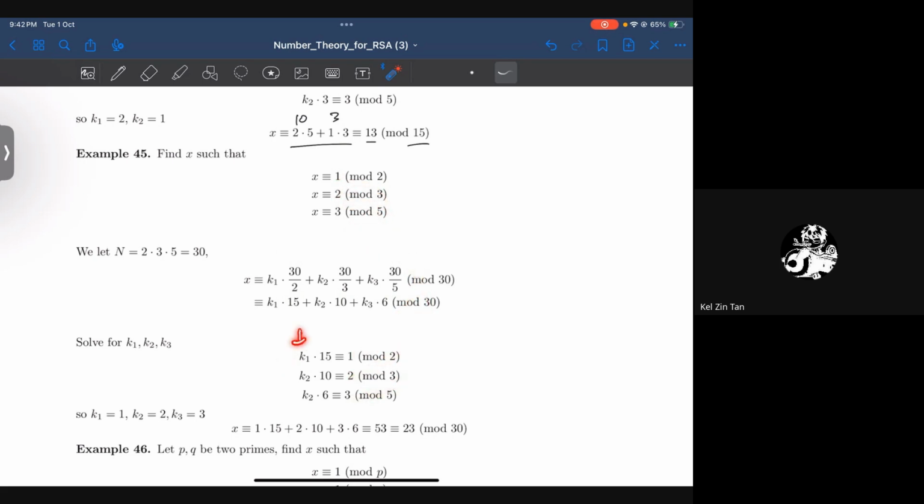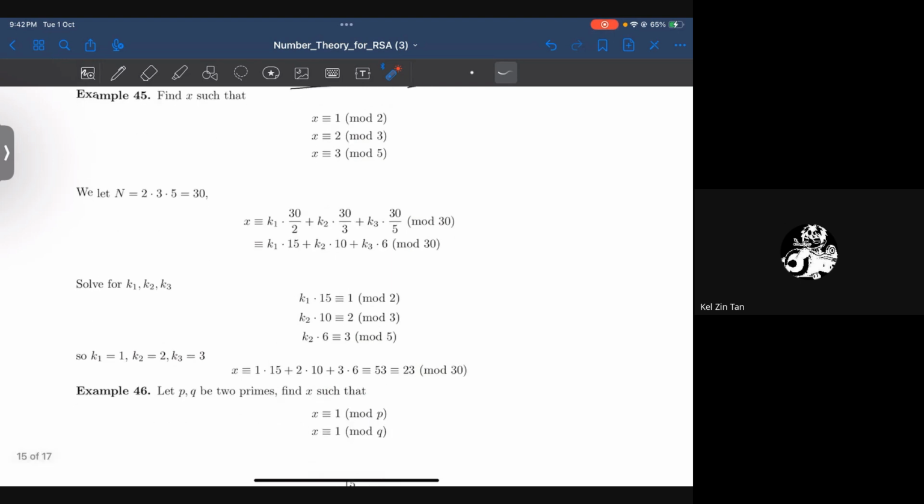So you just solve for K1, K2, and K3. 15 modulo 2 is 1, so K1 multiplied by 1 is equal to 1, so K1 is equal to 1. 10 modulo 3 is also equal to 1, so K2 is just 2. This is also equal to 1, so K3 is just 3.